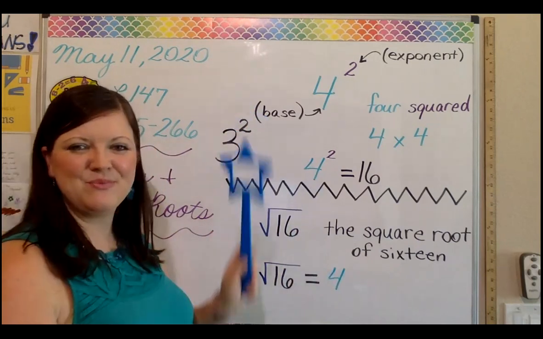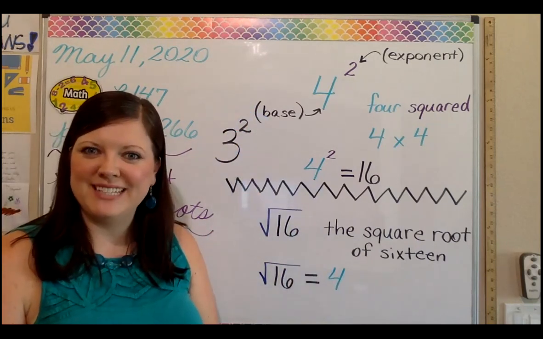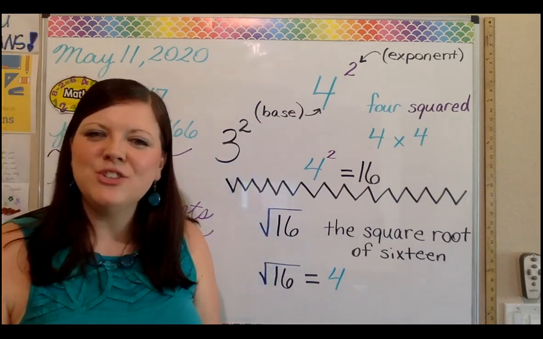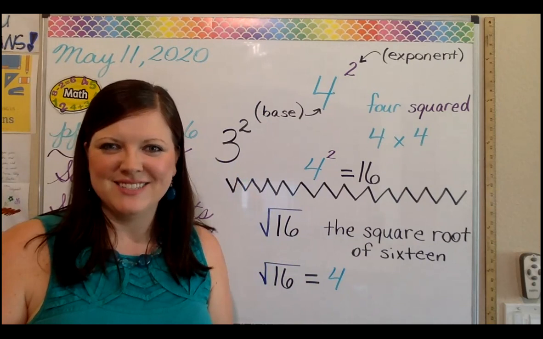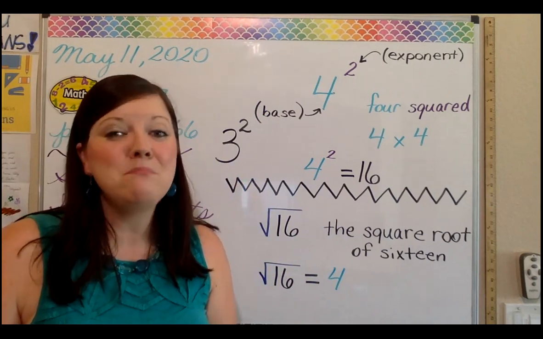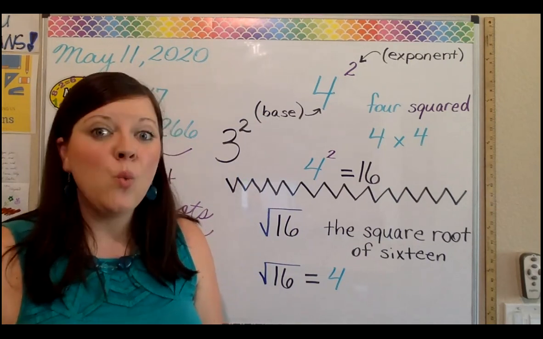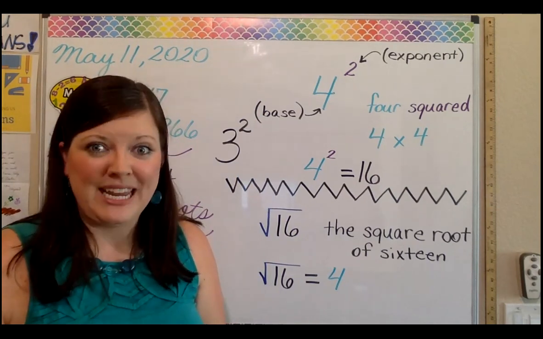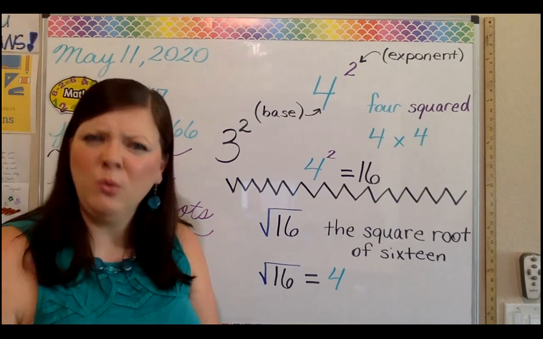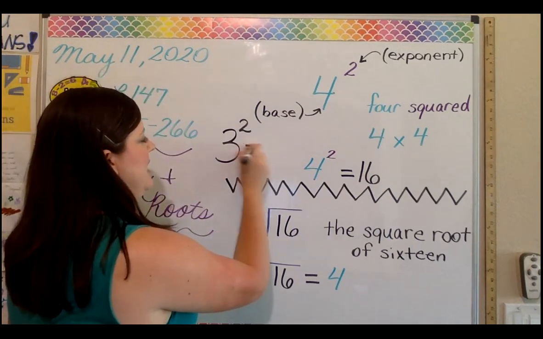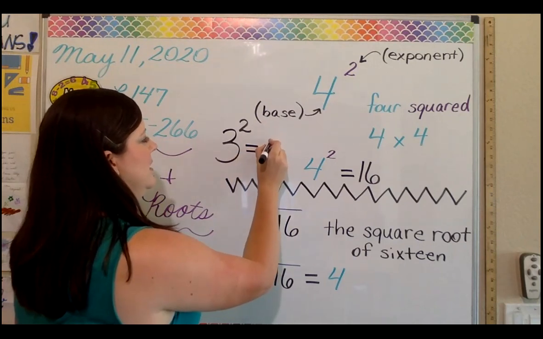The 2. Which of these 2 numbers is the base? The 3. What does 3 squared mean? 3 squared means 3 times 3. What is the value of 3 squared? Or what does 3 squared equal? 3 squared equals, do you know it?